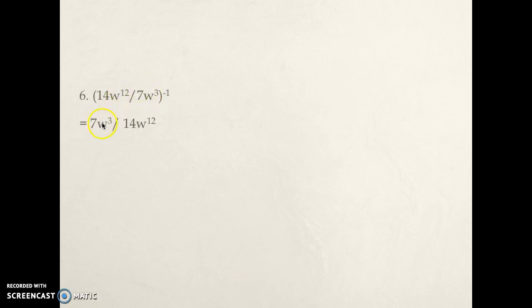We put 7w to the 3rd on top and 14w to the 12th on the bottom. Now we go ahead and solve. 7 divided by 14 reduces to 1 over 2. Then w to the 3rd over w to the 12th gets us w to the 9th on the bottom.